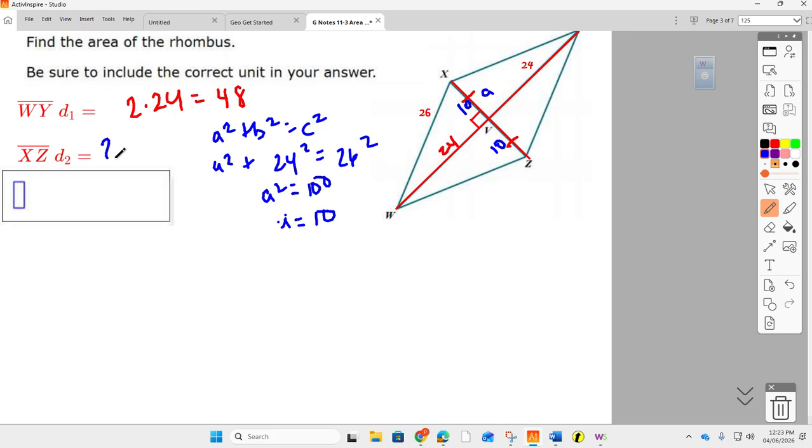So this diagonal is 2 times 10, or 20. So 1/2 times each diagonal. See what you get. Everybody make sure you're practicing putting it in.